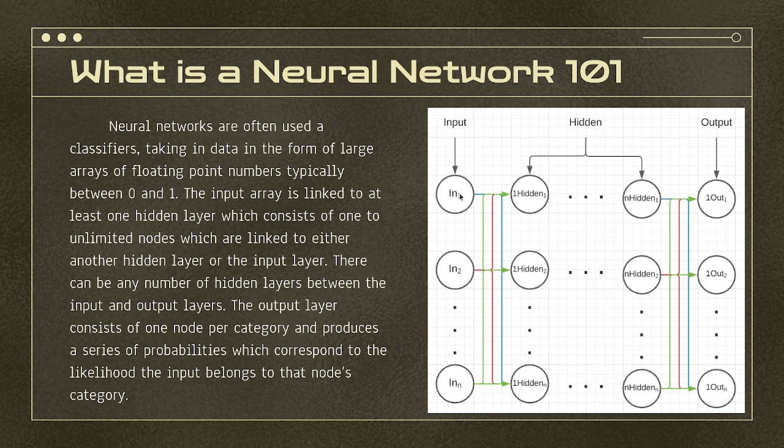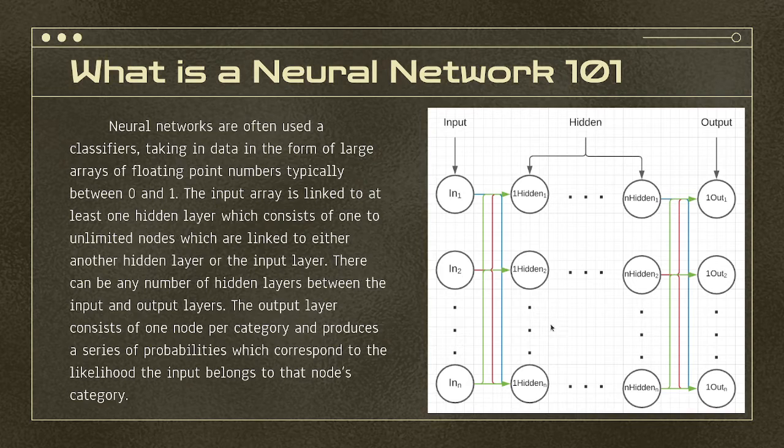So all of these input nodes or neurons are then attached to a hidden layer. And these different links are going to have what's called activation values. So if this particular input is of the required activation value for the various hidden nodes it's attached to, it'll go ahead and activate those hidden nodes.